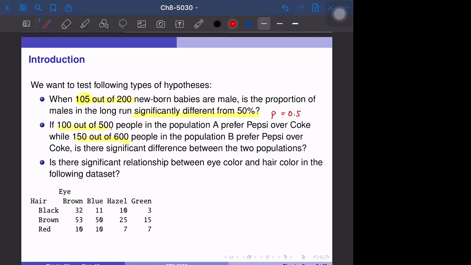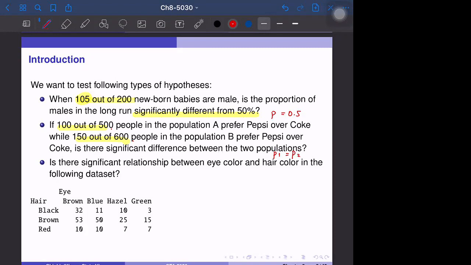The second group, population B, is 25%. So we are not sure if it's significantly different or not. So we want to test this. Statistically speaking, we want to test if P1 is equal to P2. So the truth for population A and the truth for population B. So we want to see the difference between these.